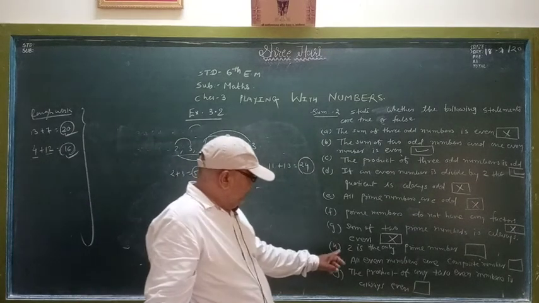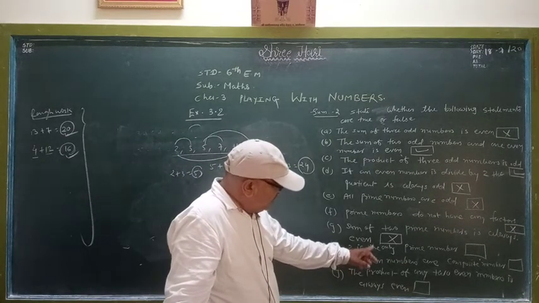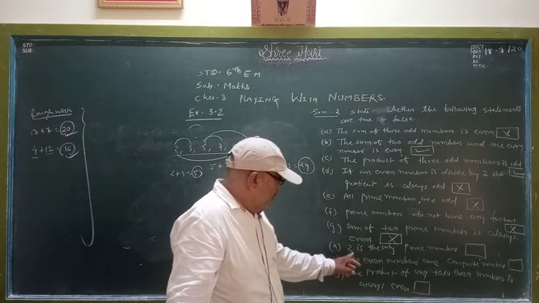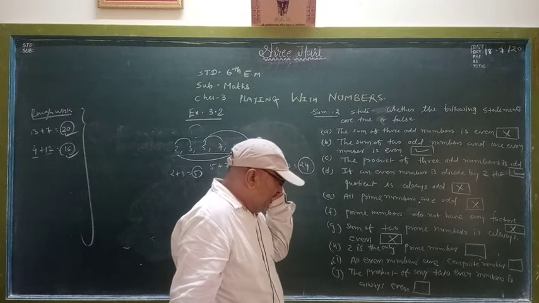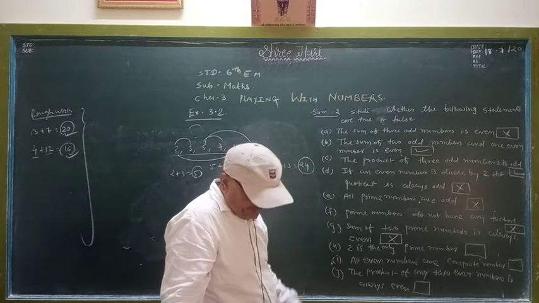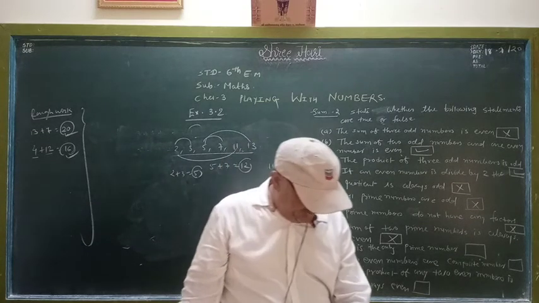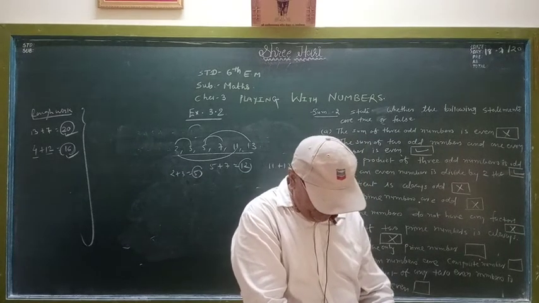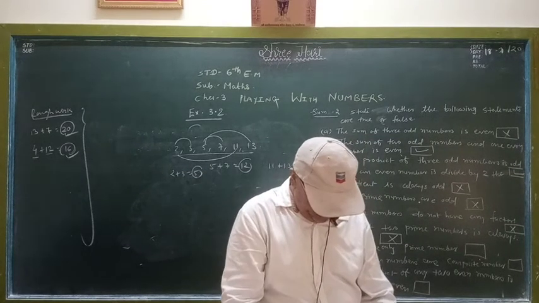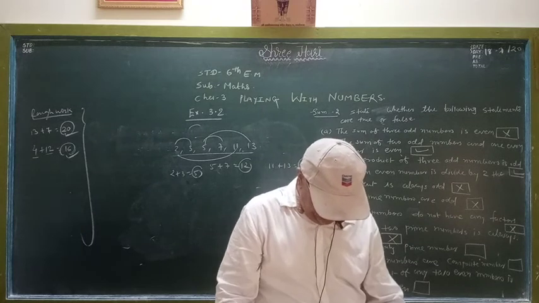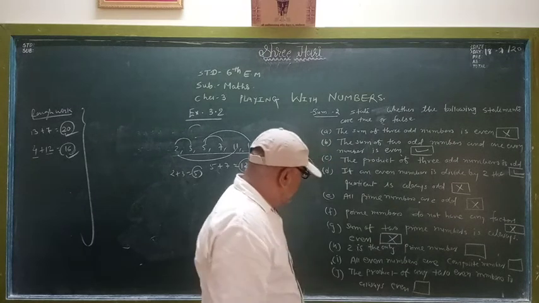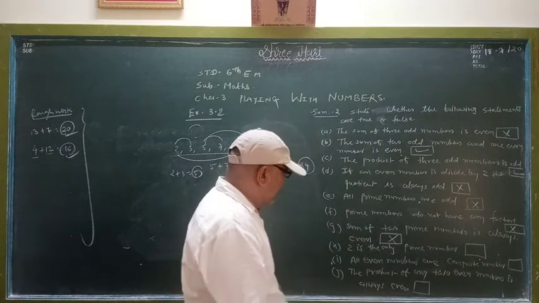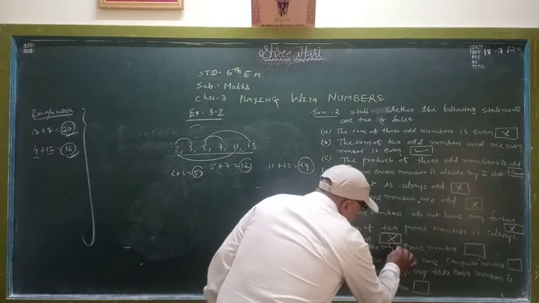Now H, 2 is the only even prime number. Sorry, I made a mistake earlier, here it is even.